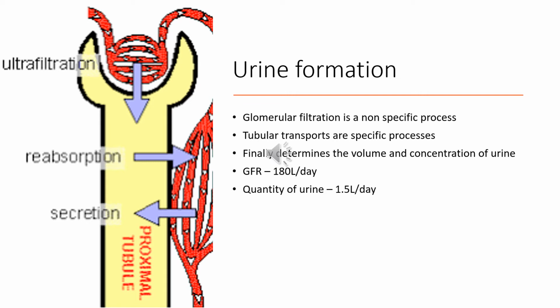That is, it forms only less than 1% of the glomerular filtrate. So a large quantity of water and solutes are reabsorbed by the time this glomerular filtrate forms urine. So we'll look into it in detail.